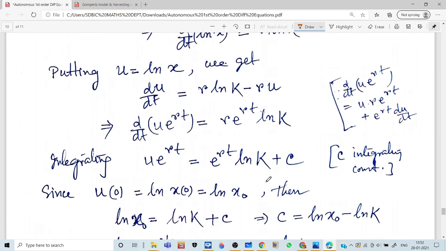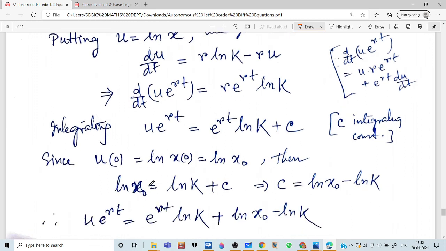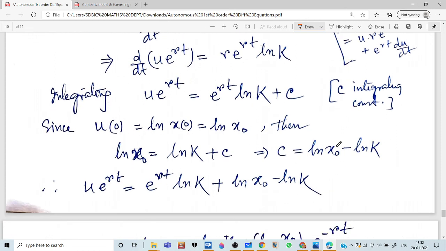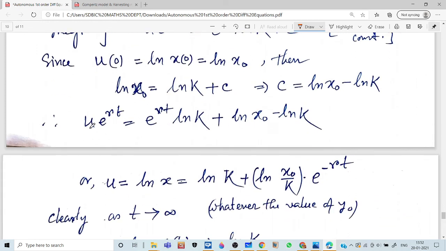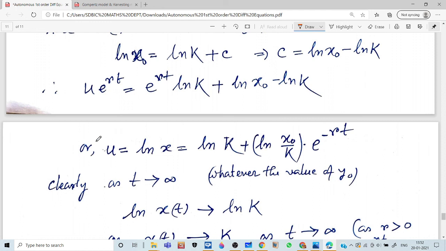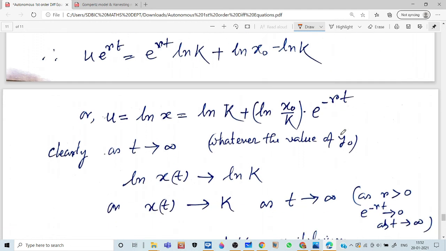Integrating, we get this plus c, the integrating constant. Using the initial condition u0 equal to ln x0, c is equal to ln x0 minus ln k. Putting the value of c, we get u e to the power rt equal to e to the power rt ln k plus (ln x0 minus ln k), and from this u equal to ln x is equal to ln k plus ln(x0/k) e to the power minus rt.